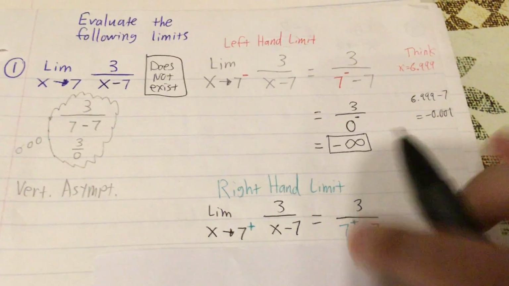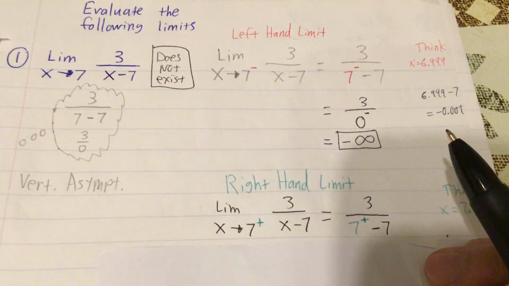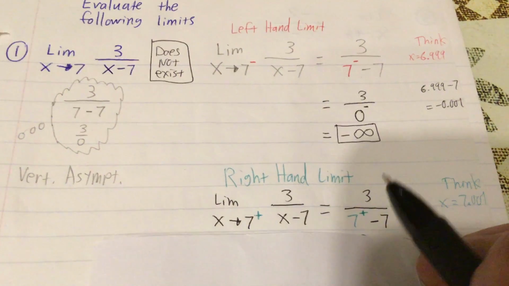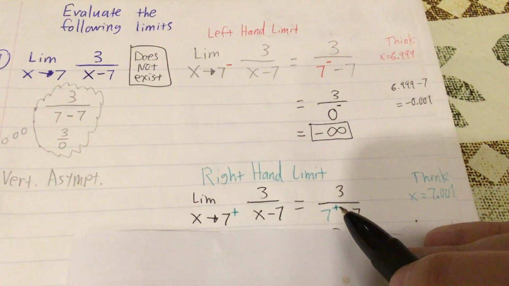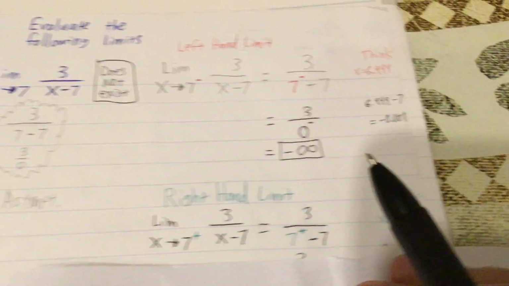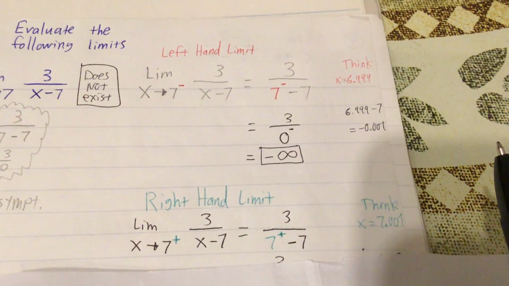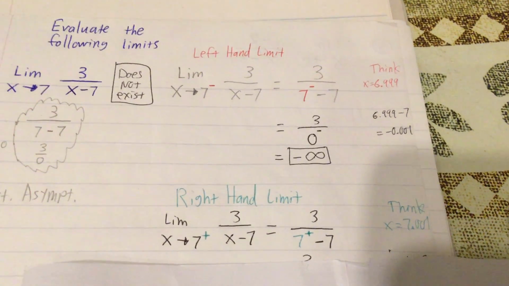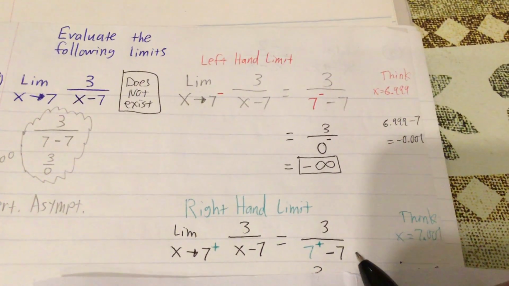So we're going to approach x equals 7 from the right side now. In other words, 3 over x minus 7, where we plug in x equals 7, but we approach x equals 7 from the right side. So think if x was 7.001. If x equals 7.001, that means that it's barely above 7.